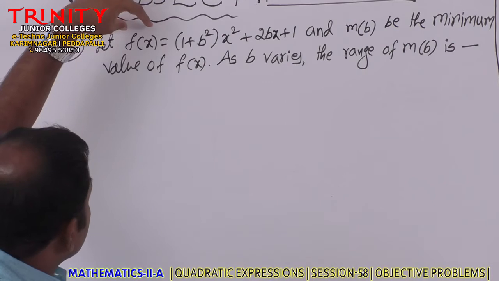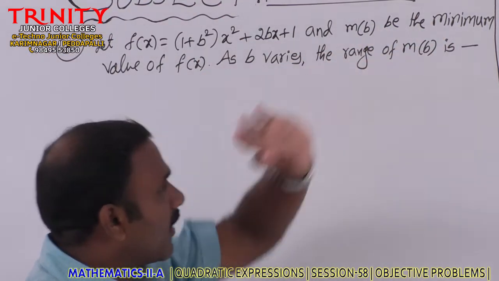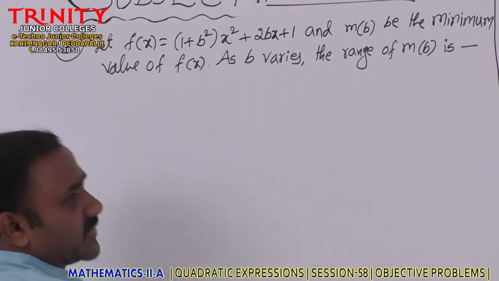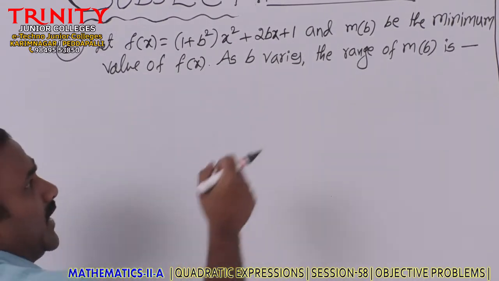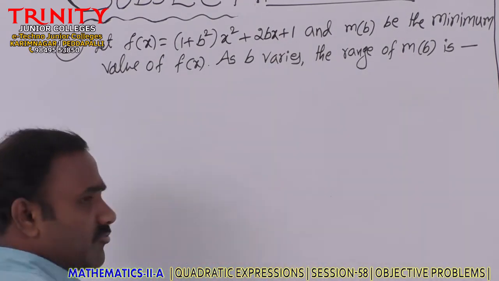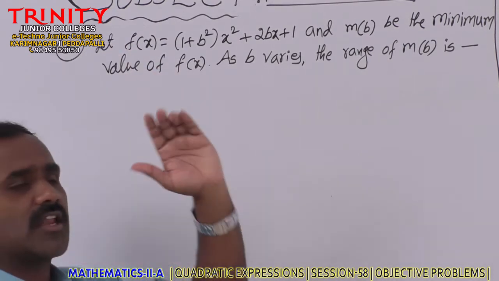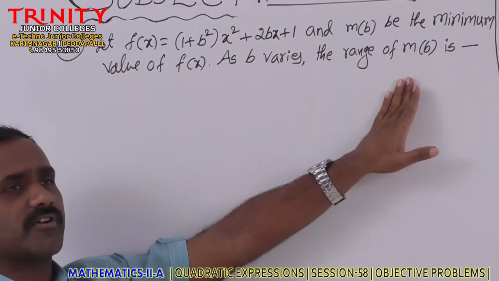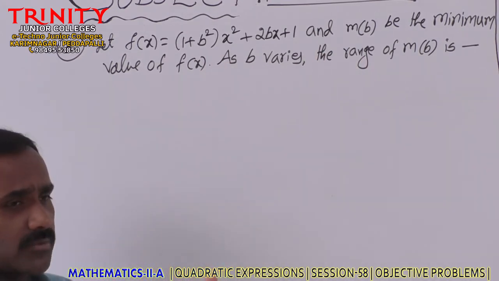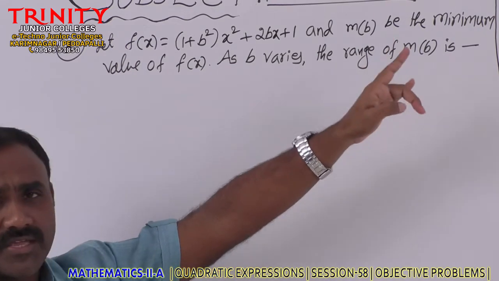As b varies, the range of m of b is, if it is f of x as x varies, for what values of x, the range of f of x is what? Here, if b is defined from where to where, the range of m of b is what?